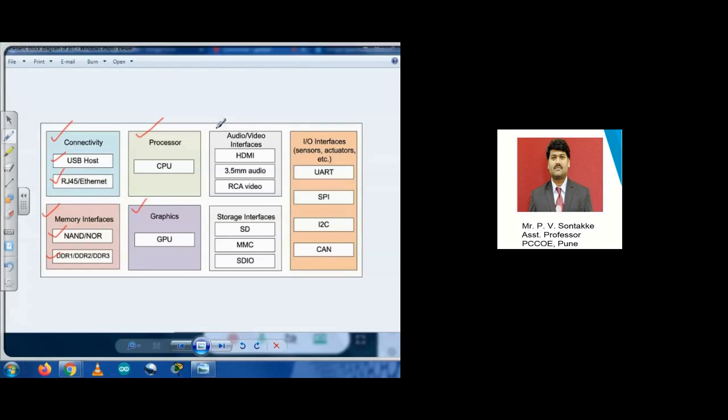Along with that, every device should have audio-video interfaces, so that once the graphical data has been processed, you can represent it onto certain display devices. This can be visualized with the help of the HDMI port, the high definition multimedia interface.